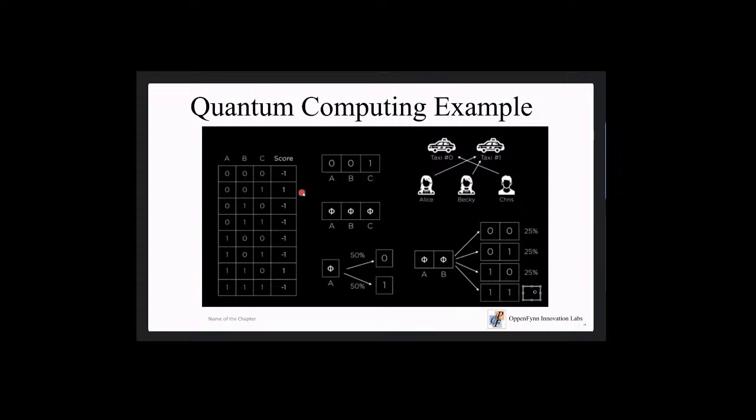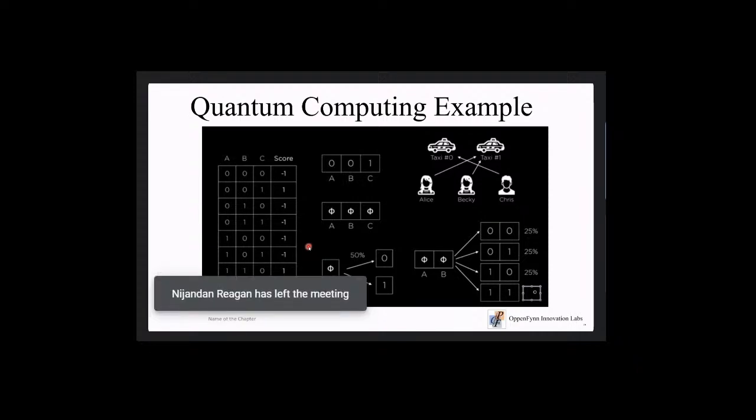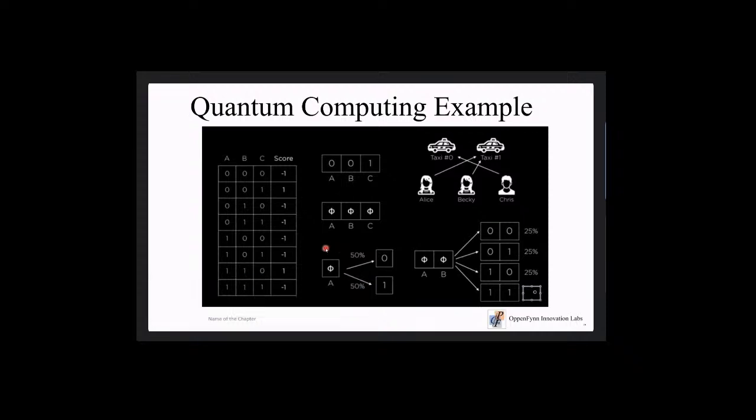I'm just trying to explain it intuitively. The speed up is evident here, because when you have 3 bits or 4 bits or 5 bits, the increase in computation time is just linear, as compared to the classical bit where the increase was exponential.